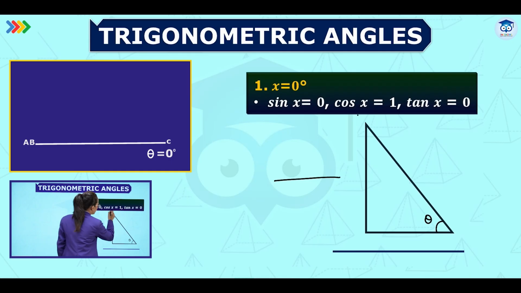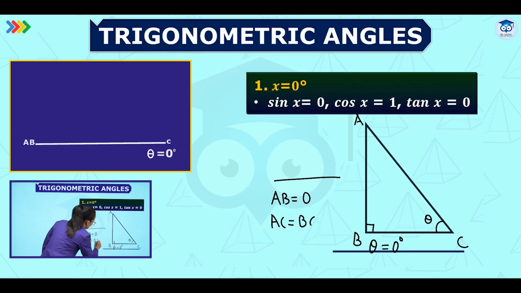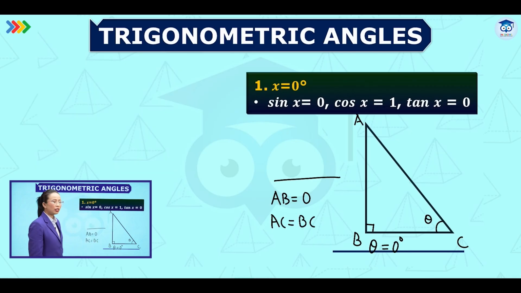Now suppose this angle ABC, when we make theta equal to 0 degree, what we have is a line. When we have this line, AB becomes 0, and then AC is equal to BC. Now let us define sine theta as usual.